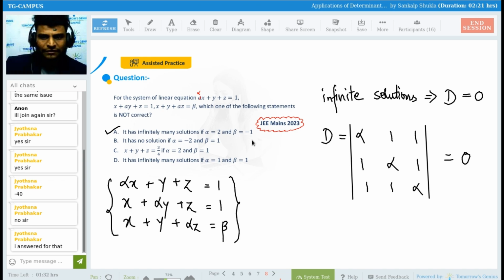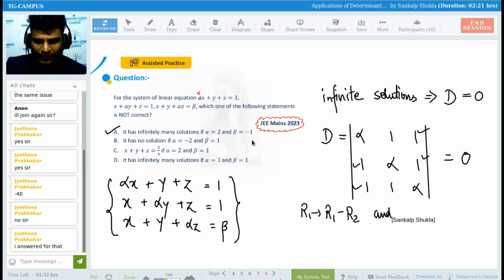So I'll do one thing. Before expanding this determinant, I can see a streak of 1 over here and a streak of 1 over here. So I can do this operation before expanding. In R1, I'll be doing R1 minus R2, and in R2, I'll be doing R2 minus R3 simultaneously.